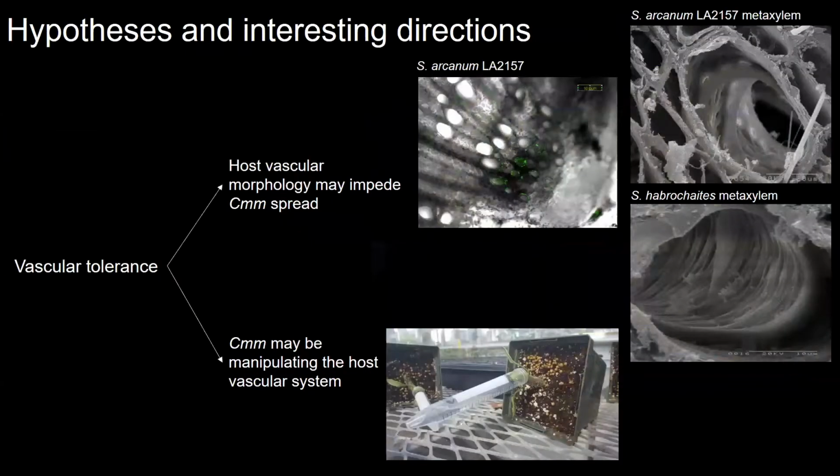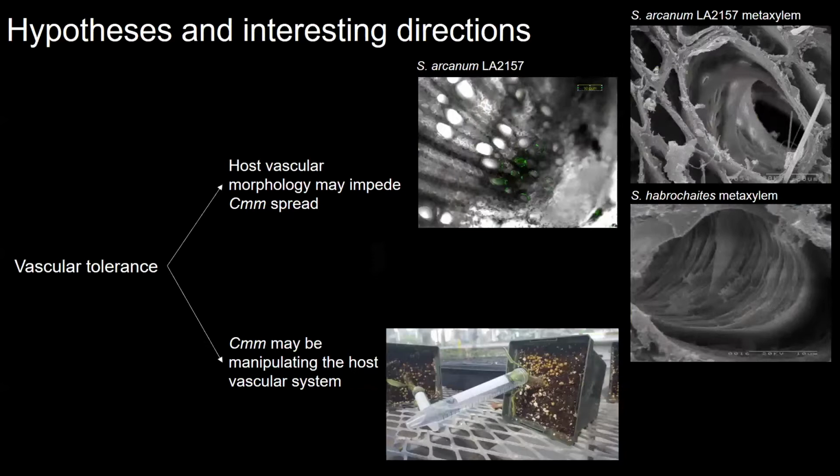So this has led us to some interesting hypotheses and directions where I'm taking this work, though I won't be able to show you all the cool pictures I have. We're looking at the host vascular morphology and how that impacts the ability for CMM to spread between xylem vessels and also vertically. So we're using a mix of confocal microscopy as well as scanning electron microscopy to see the colonization patterns of the bacteria and focus in on individual xylem vessels and see how the bacteria are able to aggregate within those.